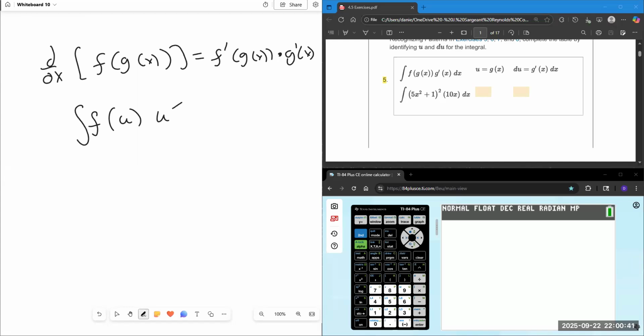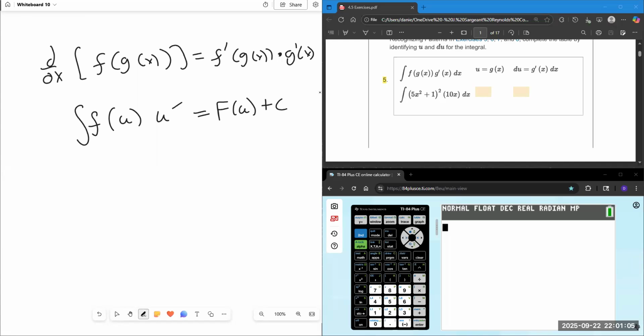The antiderivative of all of that is going to be capital F of u plus c. So I hope you can see how that's related there. That is basically the same thing, but this is my function that I was differentiating to get that function. So that's really the f prime that's in here.